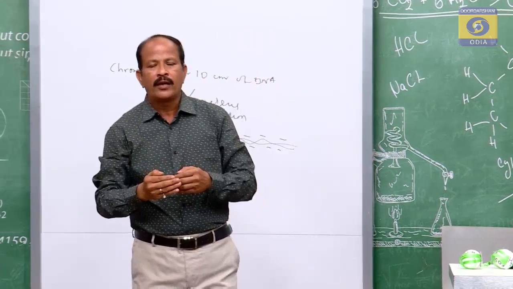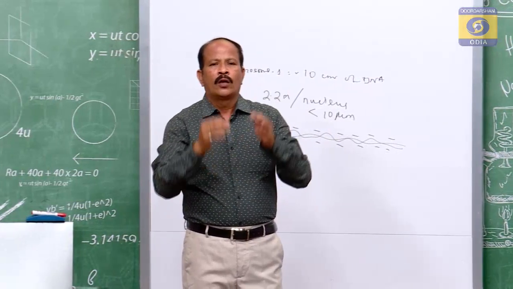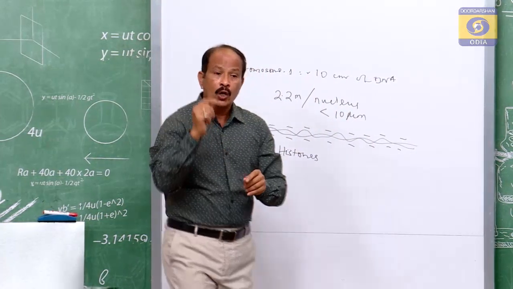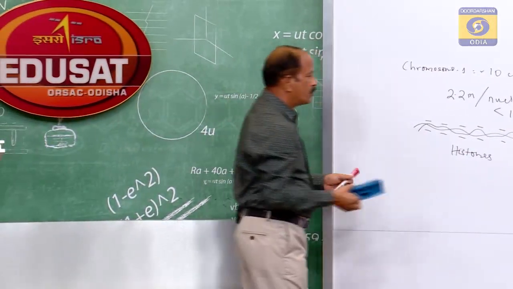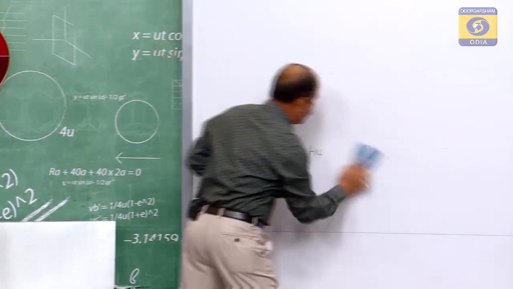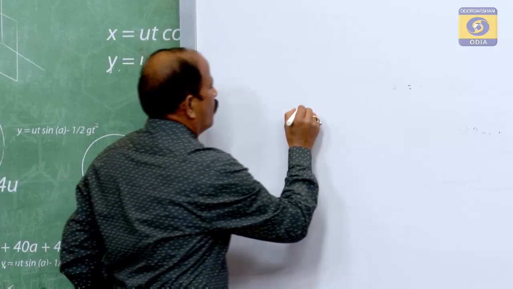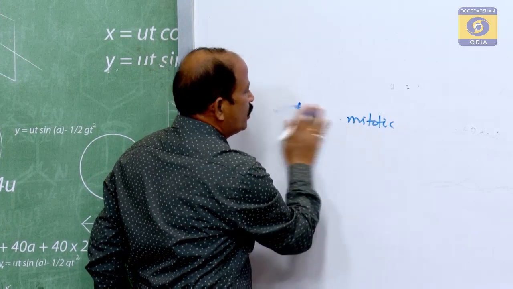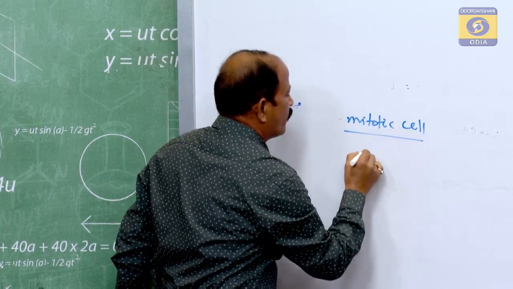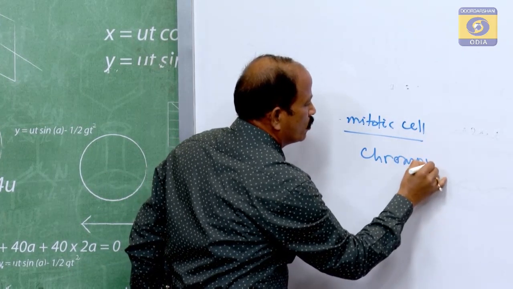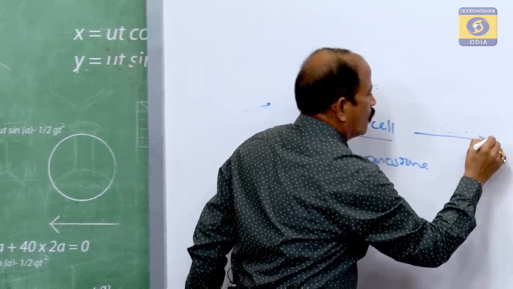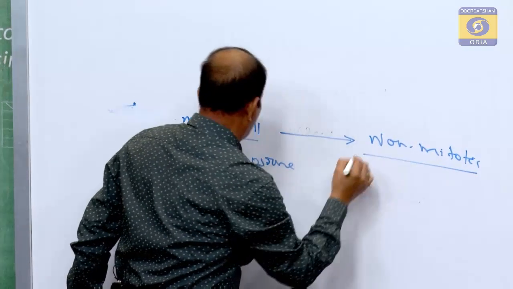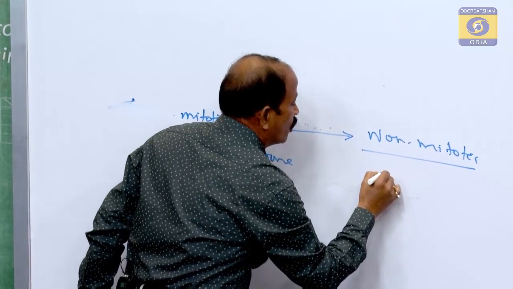Now, in the cell, there are two terms, chromosomes and chromatin. Where are chromosomes present? Chromosomes are present in the mitotic cell. That means a dividing cell has chromosomes, but in a non-mitotic cell, which does not divide, that is in interphase, the chromosome remains as chromatin.